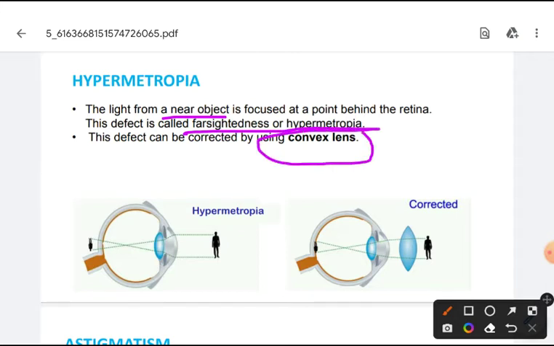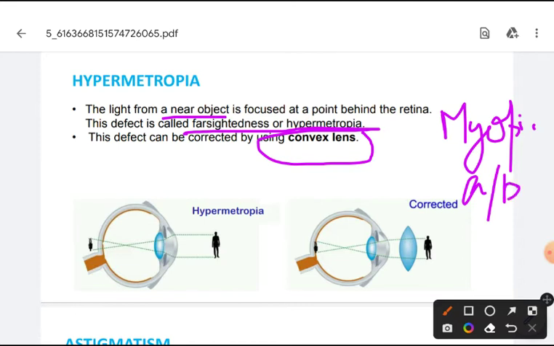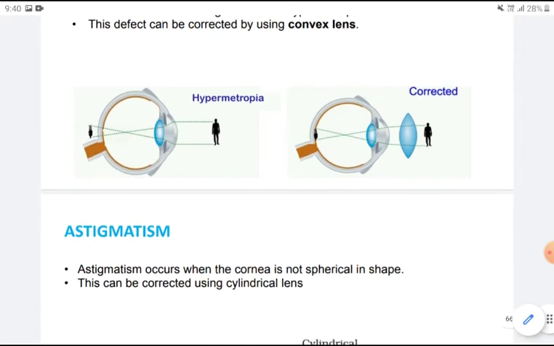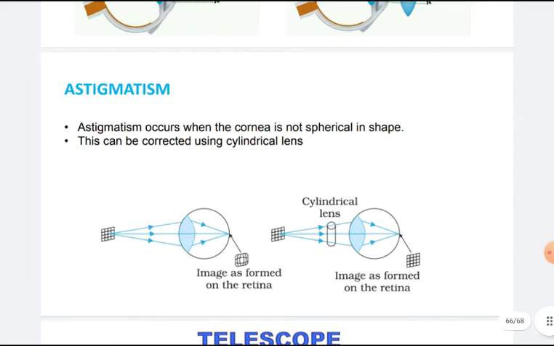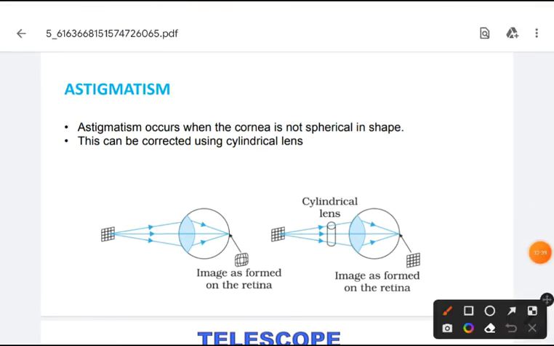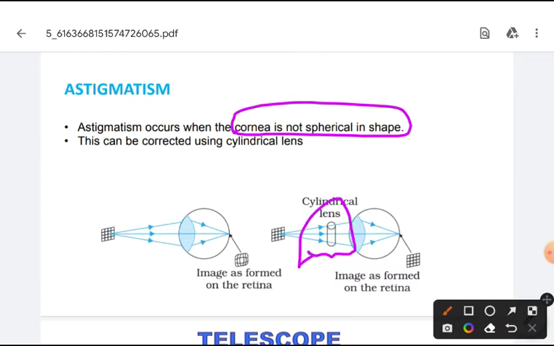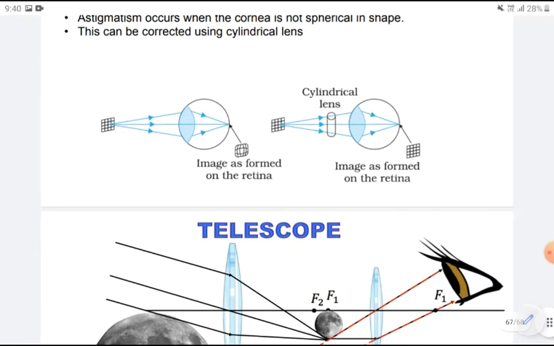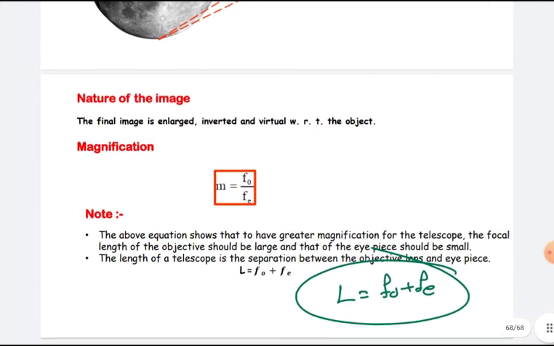Comment whether you are facing myopia or hypermetropia, A or B. Astigmatism occurs when the cornea is not spherical in shape. Corrected by cylindrical lens. Then about telescope.